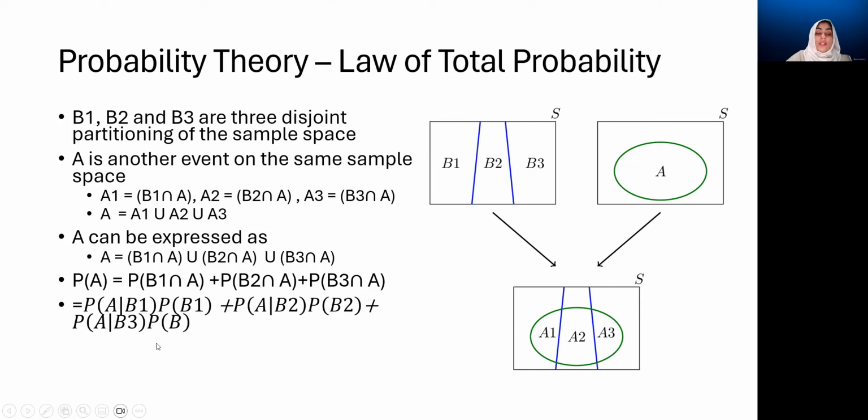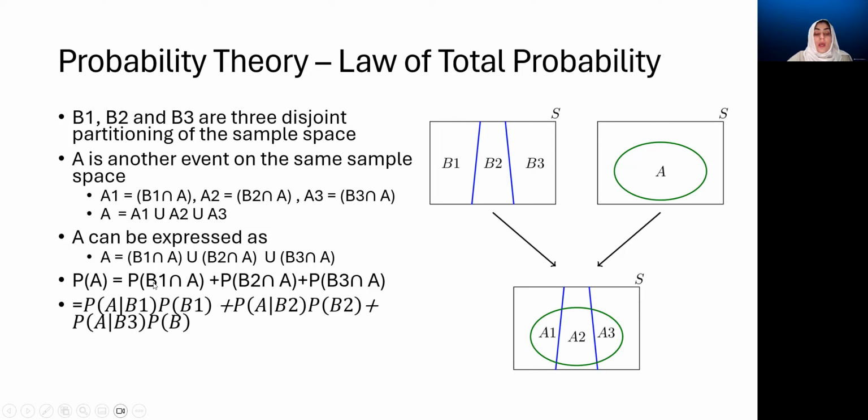And now, using the conditional probability expression, we can compute the value of B1 intersection A. We know that B1 intersection A, or for that matter, any intersection between any two events, is the product of the conditional probability and the probability of the given event.